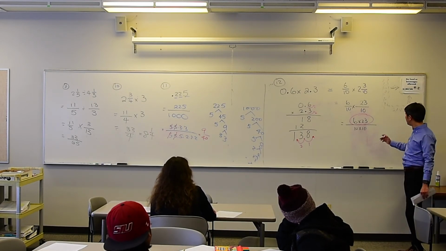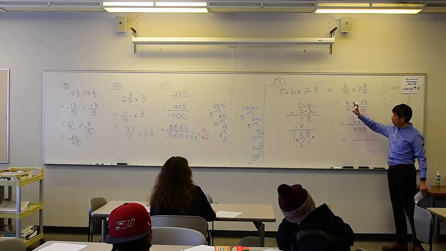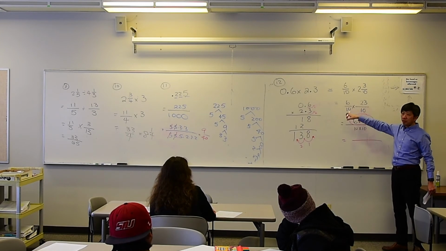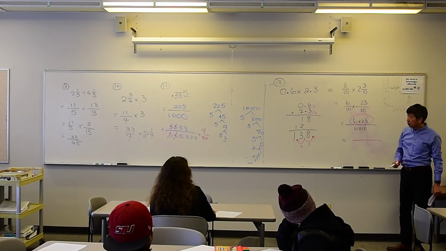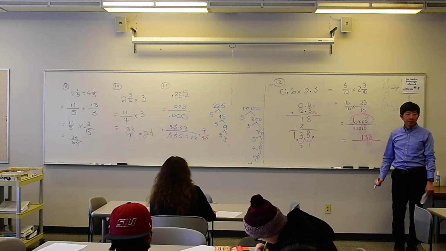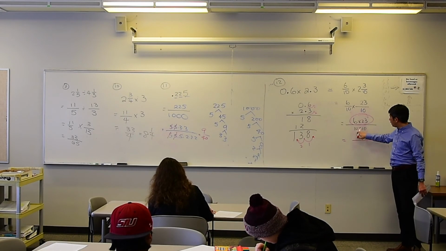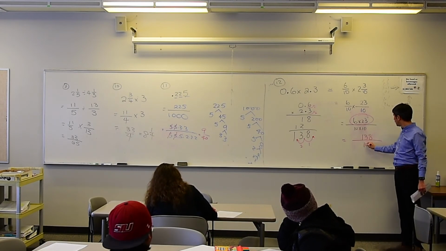Now, the teacher says, okay, you go ahead and multiply, we'll ignore the decimal point. This is what we're doing to ignore the decimal point. So that's why we got 138, is that right? And the bottom, which is the denominator, 10 times 10 will be 100.